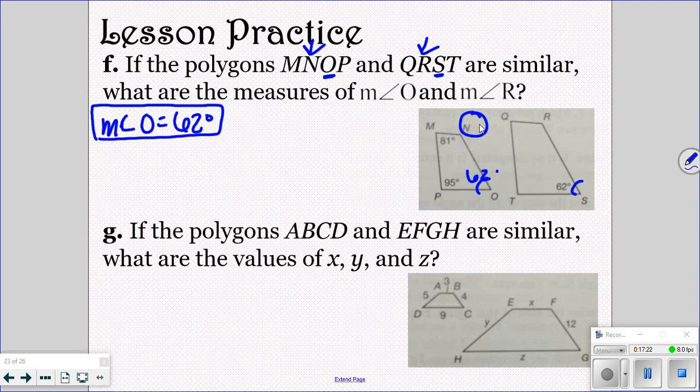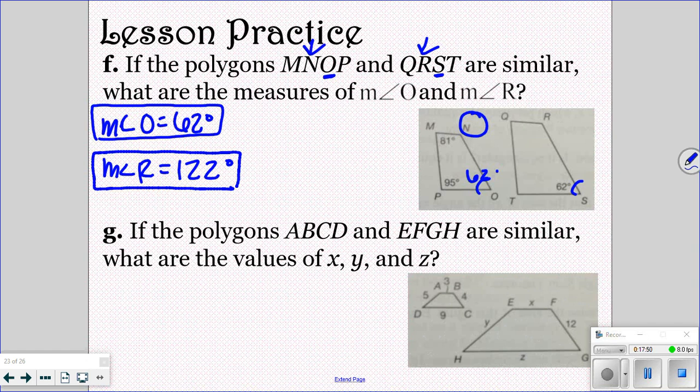So if you do 360 minus 95 minus 63 minus 81, you'll get 122. Sorry, not 121. So the measure of angle R is equal to 122 degrees, because that's what the measure of angle N equaled.